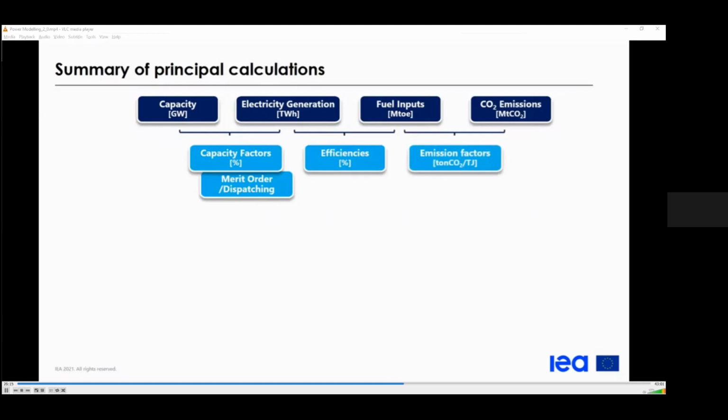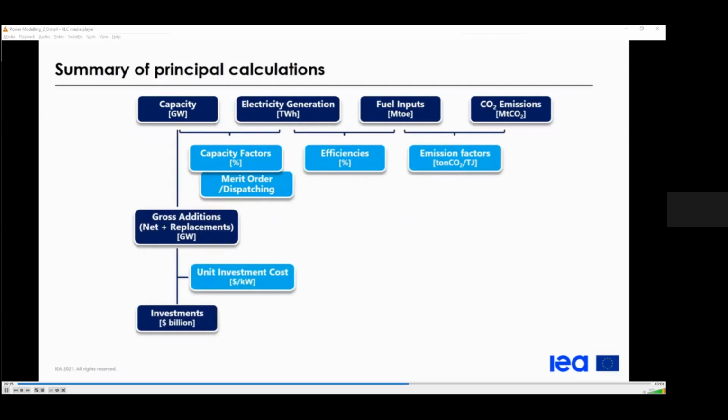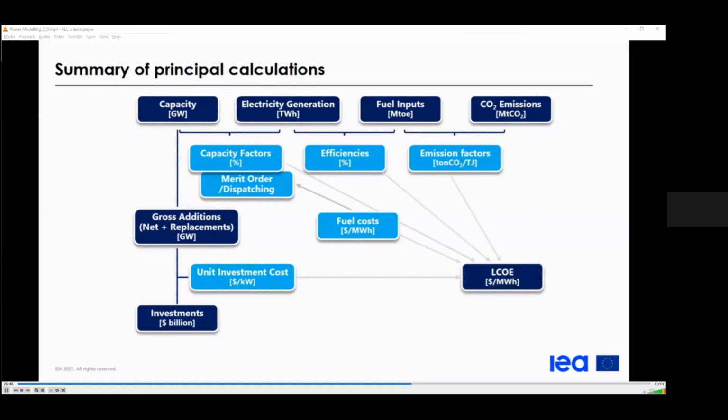Fuel inputs and CO2 emissions are related through emission factors. When we have gross capacity addition, this helps us to determine the evolution of overall capacity by type. And we can calculate total investment thanks to unit investment cost. And all of these elements are related between them, and they are summarized using the LCOE metric despite its limitation.